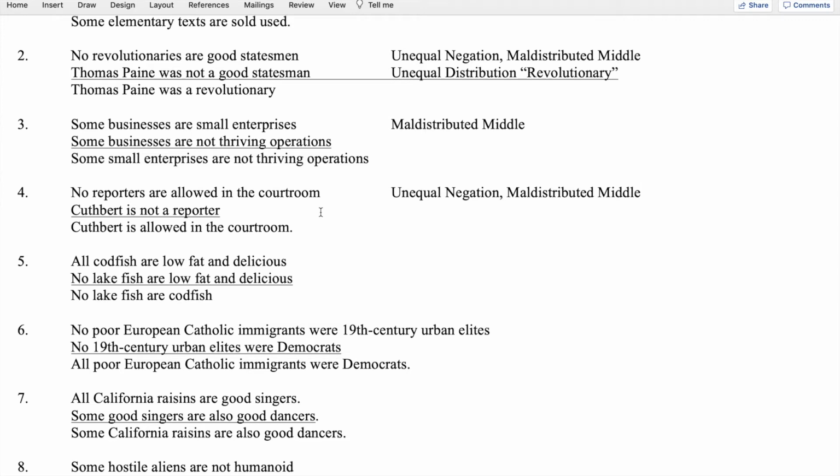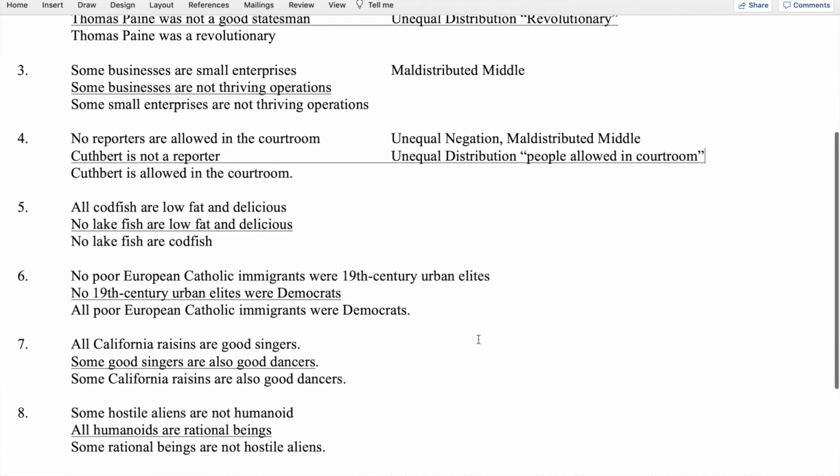Cuthbert is both times the subject of a universal, so it is both times distributed, and that's equal, but people allowed in the courtroom is not distributed in the conclusion, but it is distributed in the first premise because it's predicate of a negative, which means we also then have unequal distribution of the end term people allowed in the courtroom. So 3 fallacies with number 4.